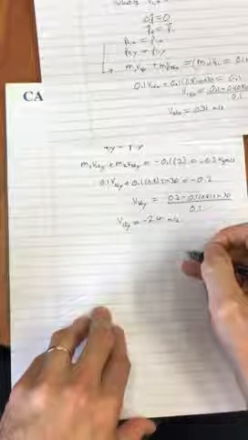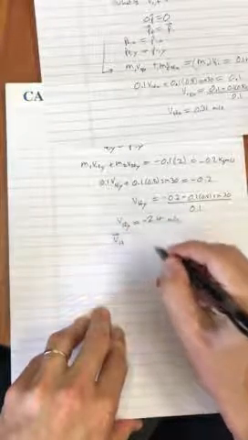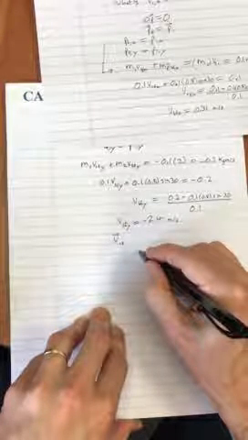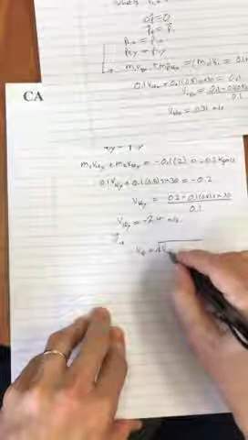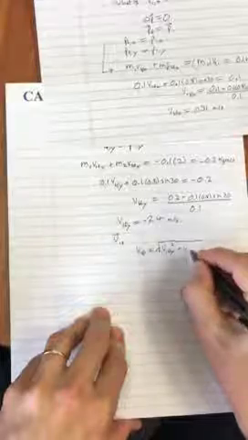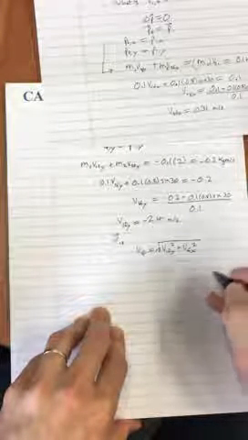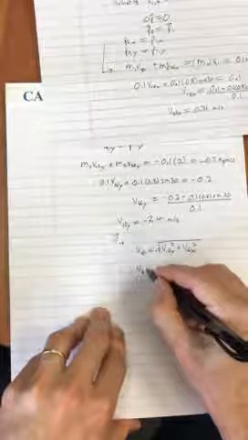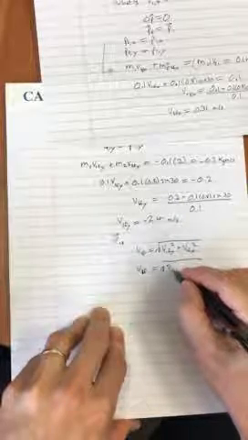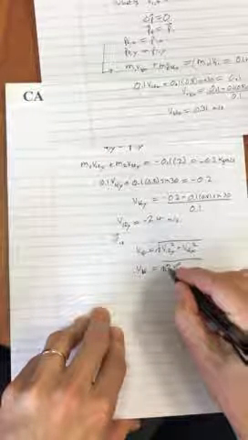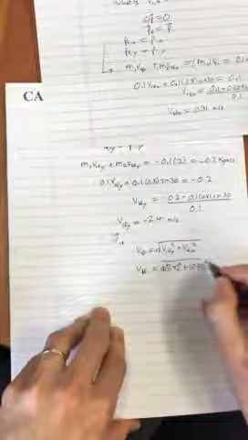So the question asks, what is the final velocity vector, v1f total? Well, the magnitude of it, v1f, is the square root of v1fy squared plus v1fx squared from the Pythagorean theorem. So that is the square root of 2.4 squared plus 0.31 squared.